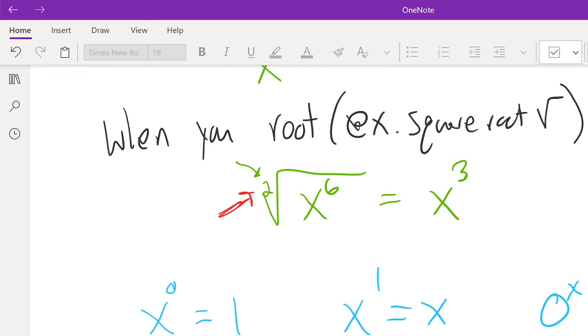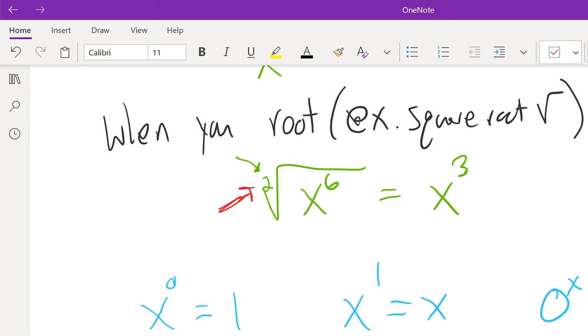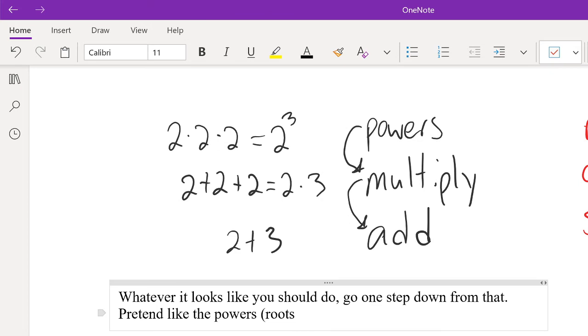It's still a baby number. It's still a smaller number than a regular number. So pretend like the powers and roots are little numbers, right? That's literally what they are. So, baby numbers or kid numbers, right?